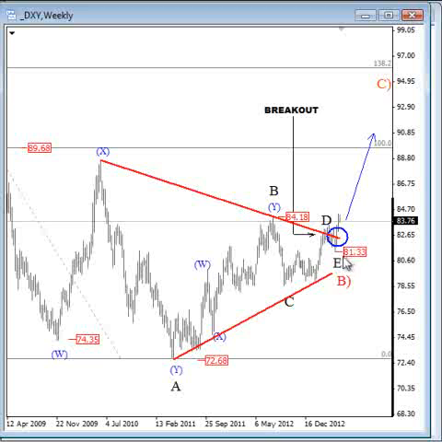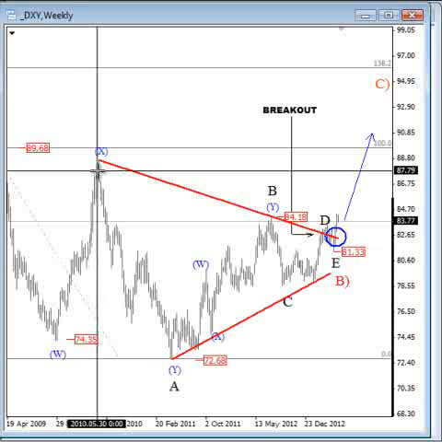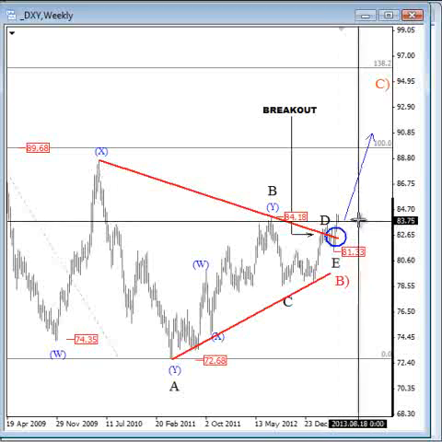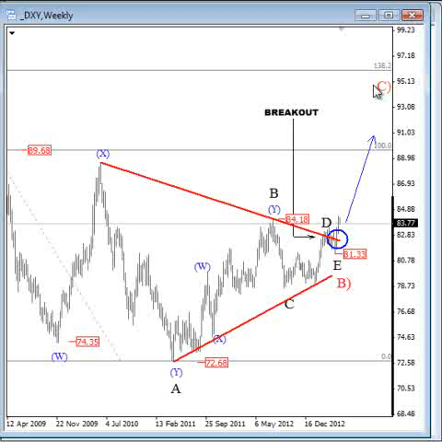The reason I suspect this triangle is complete is this recent break higher through this trend line connected from these 2010 highs, and we have also seen a spike above this wave B swing high. So I think this is a very nice first indication for further gains in wave C. Ideally we will see a strong push higher on the US dollar index in a 5-wave movement within wave C.